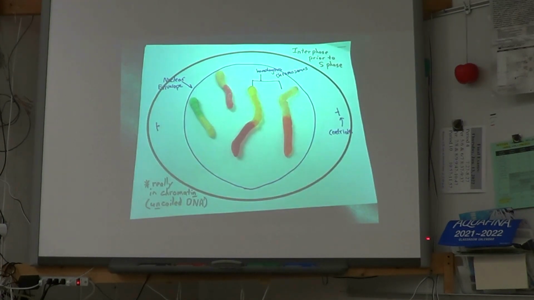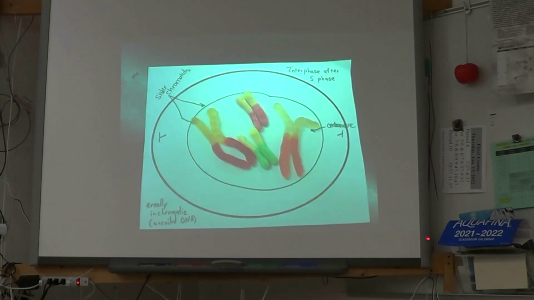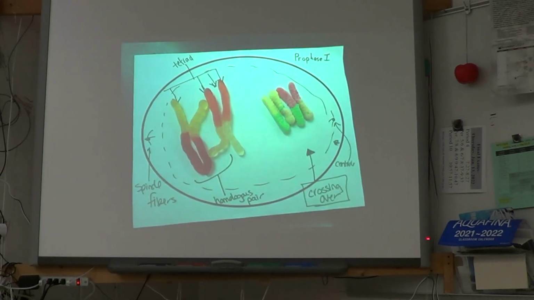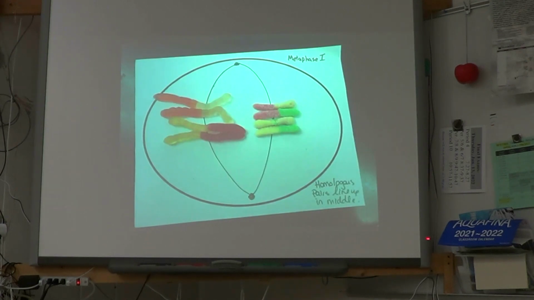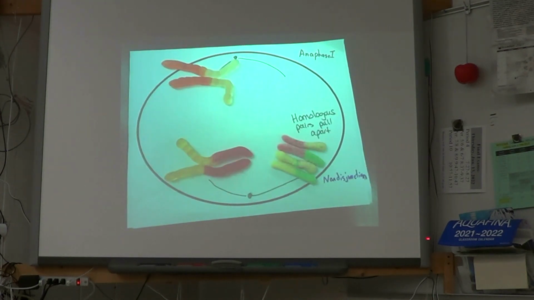Sometimes things don't go right during meiosis. Look, this is the same process with different gummy worms. Oh look, there's a crossing over event. There's metaphase 1, buddy check. The homologous chromosomes line up in the middle, but uh-oh, anaphase 1. What doesn't look right in this picture? Yeah, they didn't divide properly.